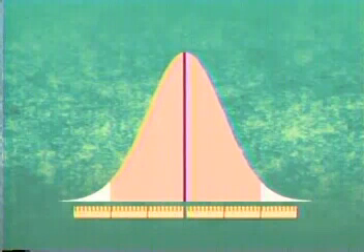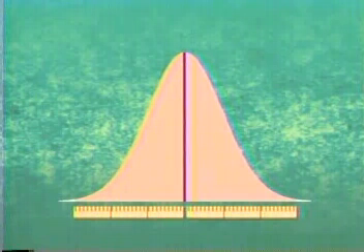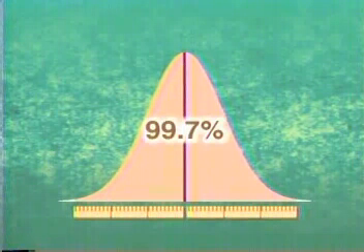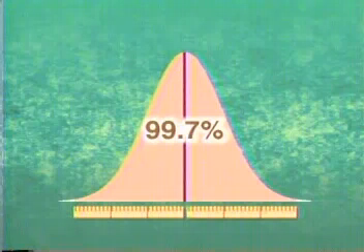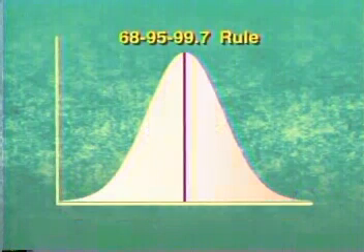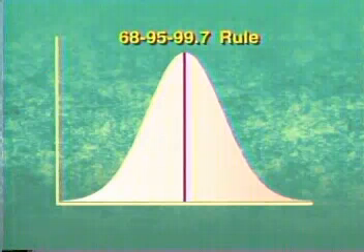And if we go out yet another standard deviation to include 3 standard deviations on each side, we include almost the entire distribution, 99.7% of the observations to be exact. This leaves a mere 0.3% in the remaining tails of the curve. This relationship between standard deviation and areas under the normal curve is called the 68, 95, 99.7 rule.